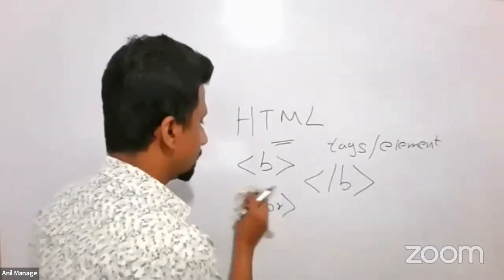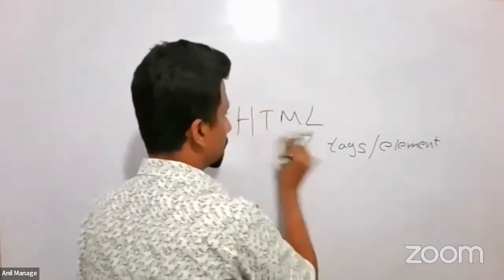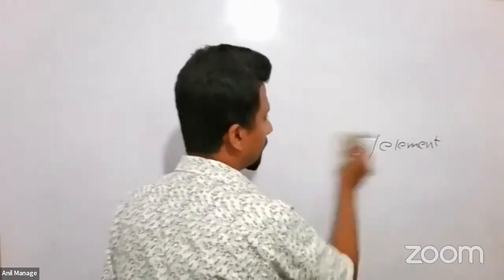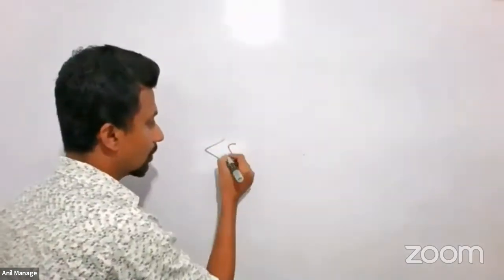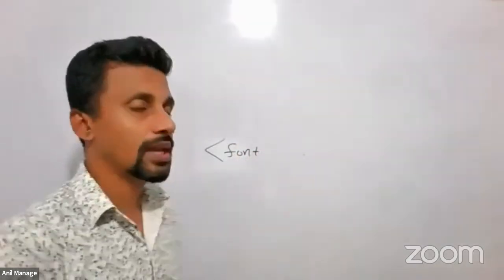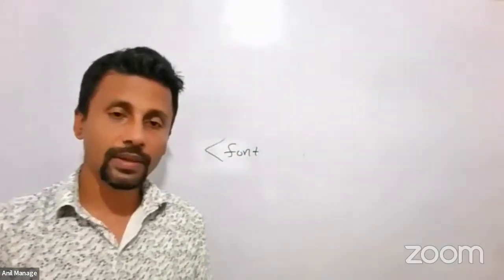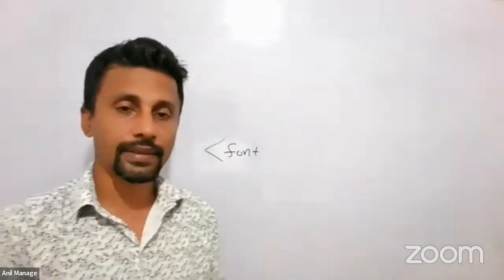And with tags, you also have something called attributes. Attributes means the characteristics of the tag. As an example, there's a tag called font. Now, the font tag is used to change the color of the font, size, and the face. Face means type.